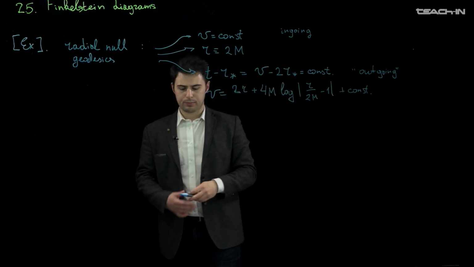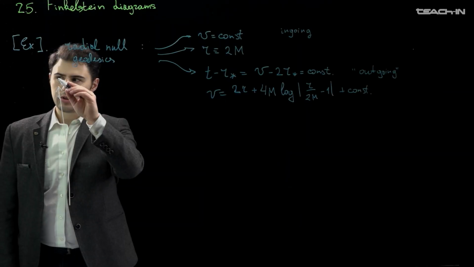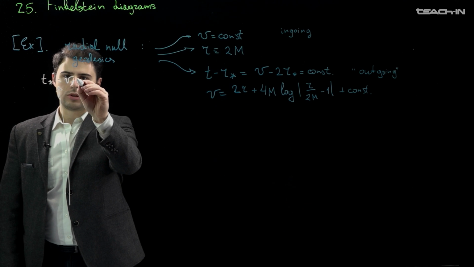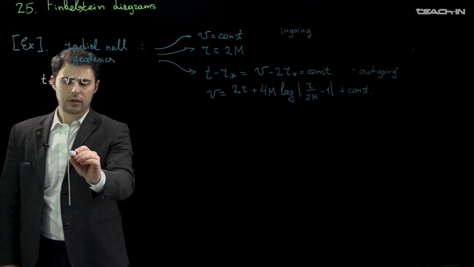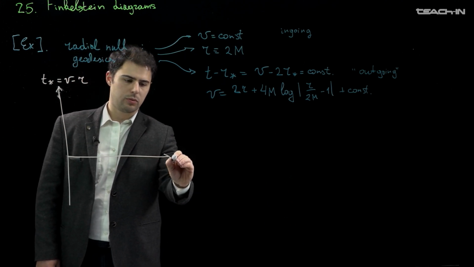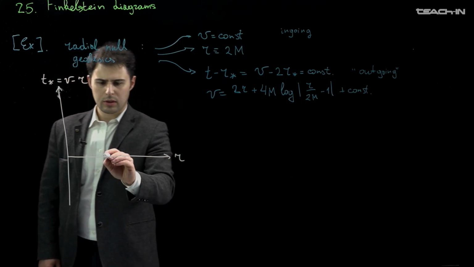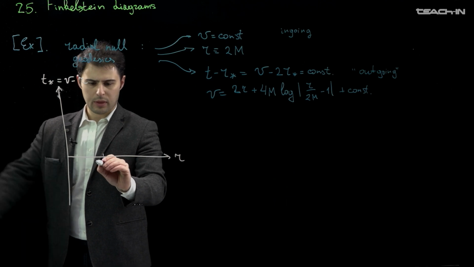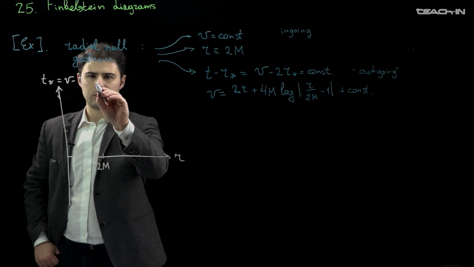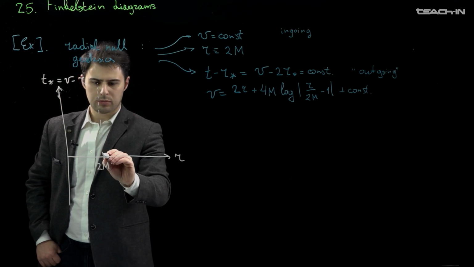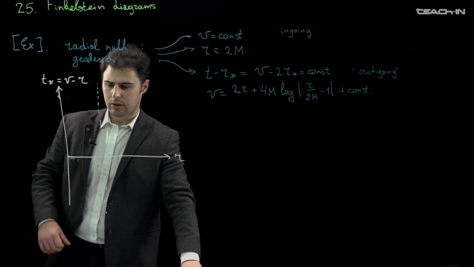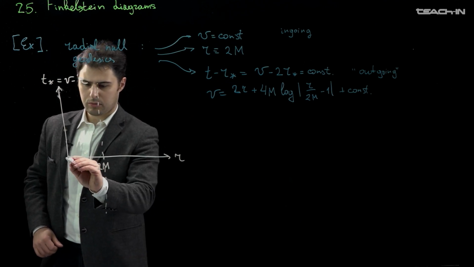Let's plot it. So it is convenient to introduce a slightly different coordinate, which is the difference v minus r, and on the horizontal axis we have r. So let this be the 2m, the horizon, and r equals 0.